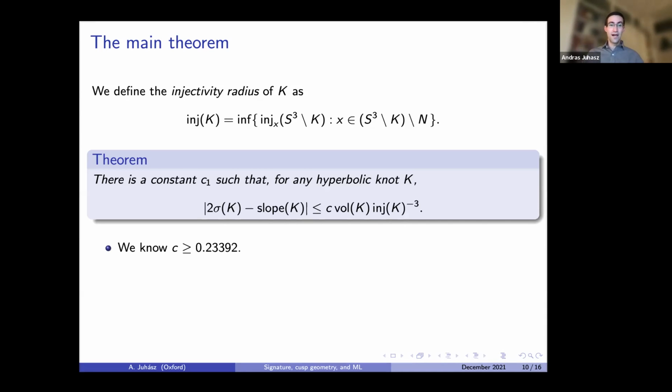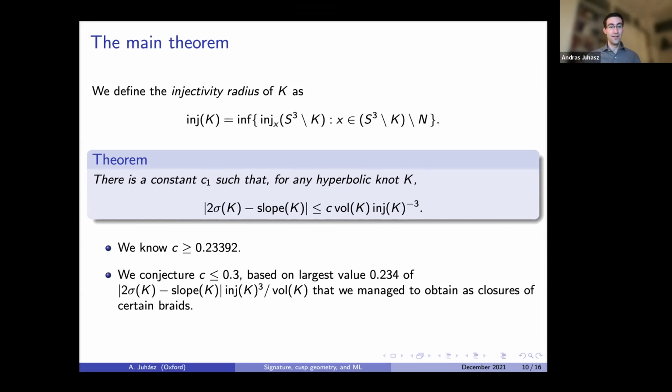So what do we know about this constant? We know that it is at least 0.2339. But more interestingly, it seems that this constant is not very large, and the largest value we managed to obtain using these highly twisted knots, namely some family of certain braids, was 0.234.